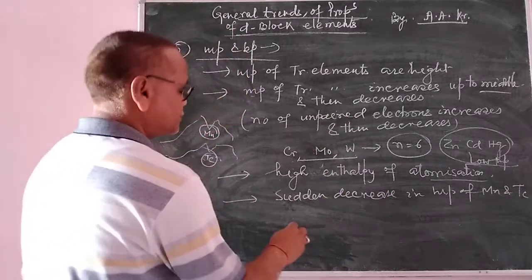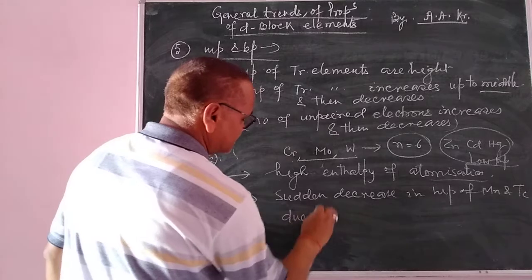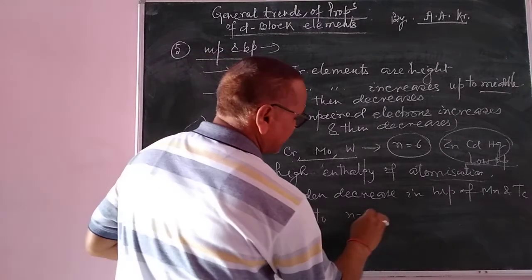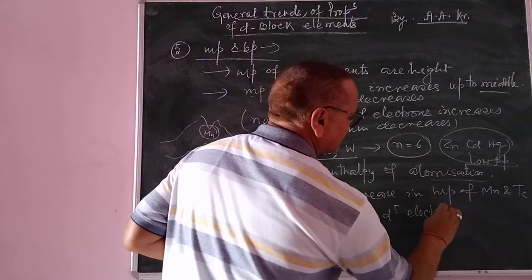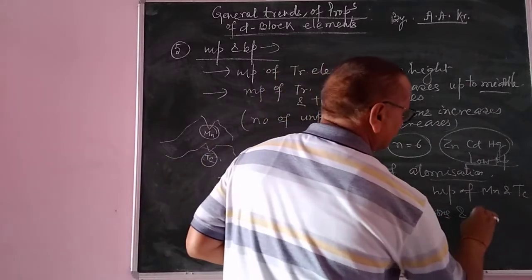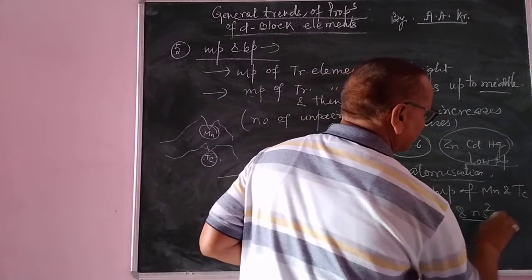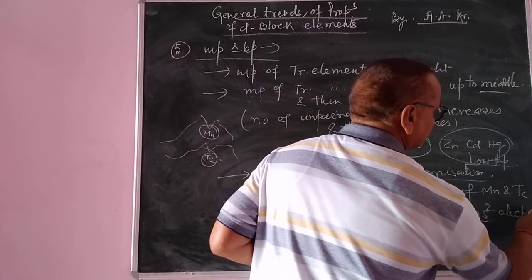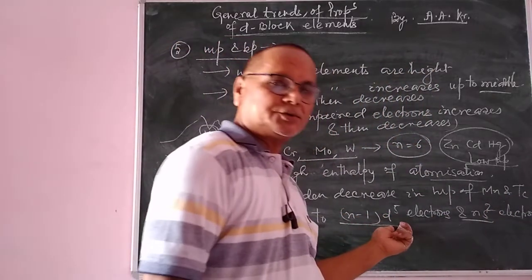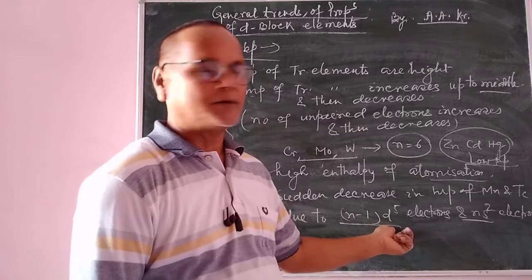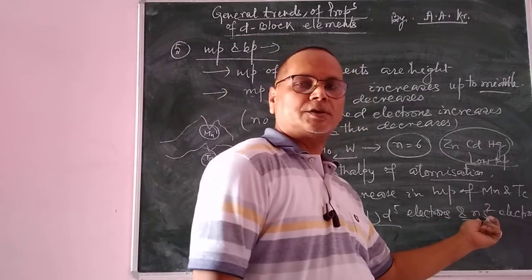Why? The reason is due to (n-1)d5 electrons and ns2 electrons. This (n-1)d5 is a stable configuration and ns2 is completely filled.